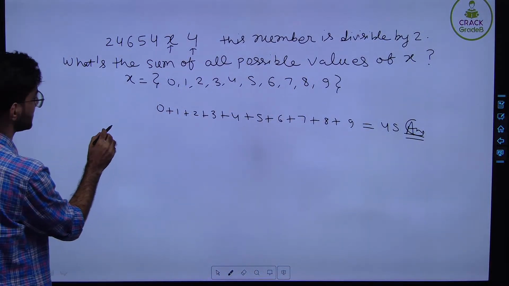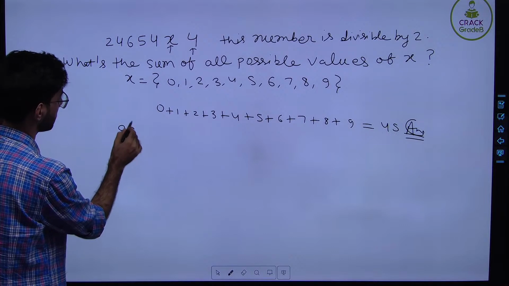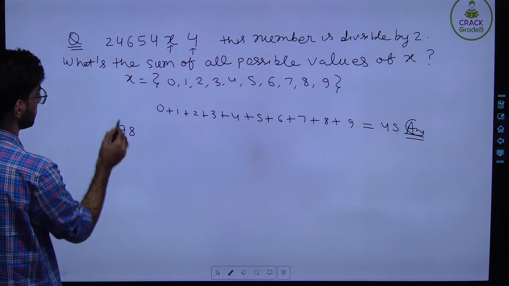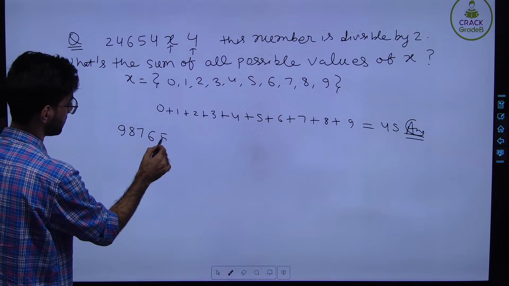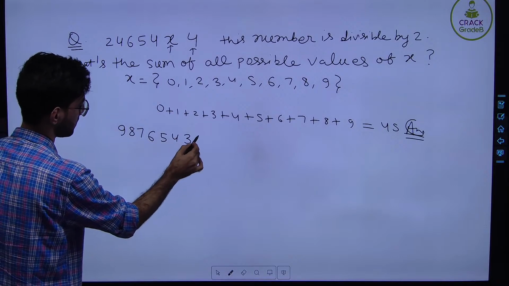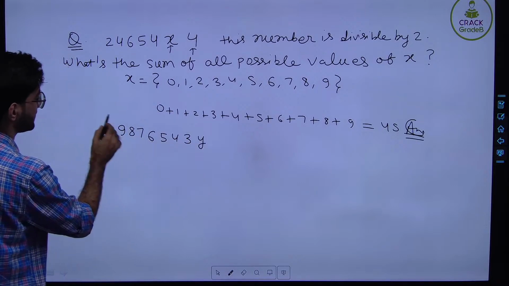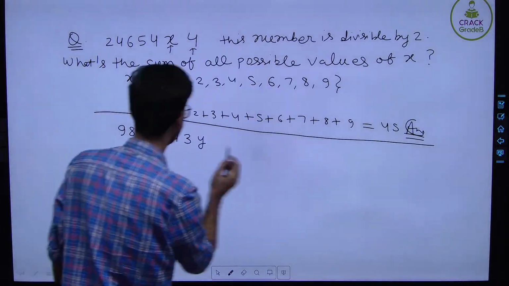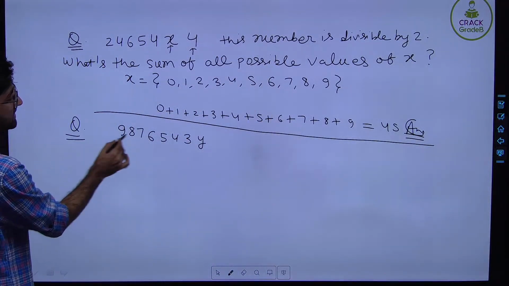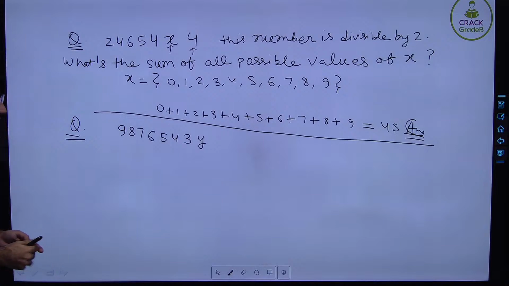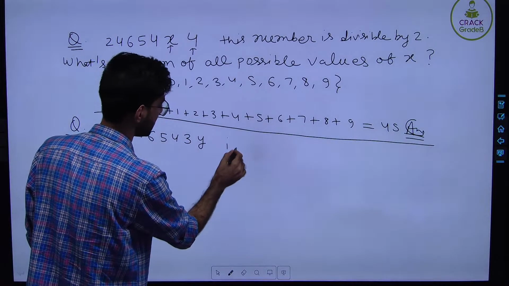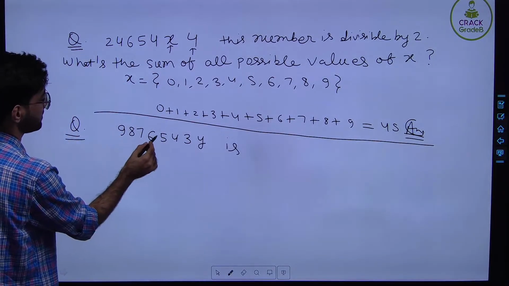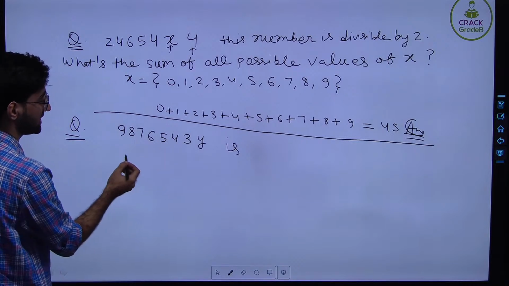Now you have to answer. It has been given that this 8-digit number 9876543y is divisible by 2.